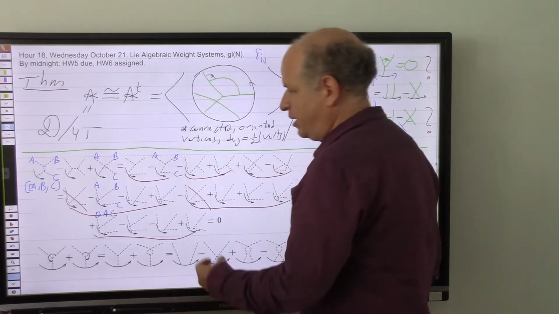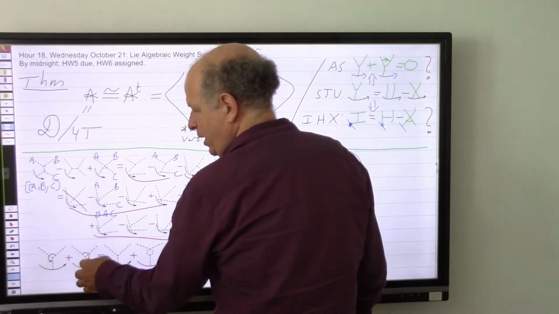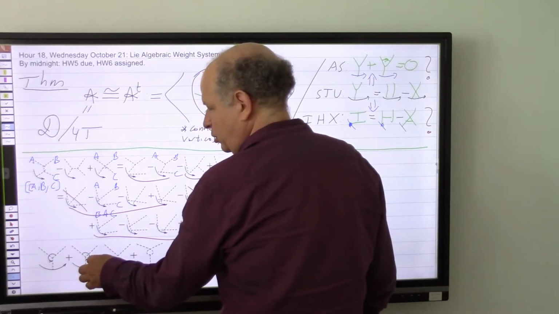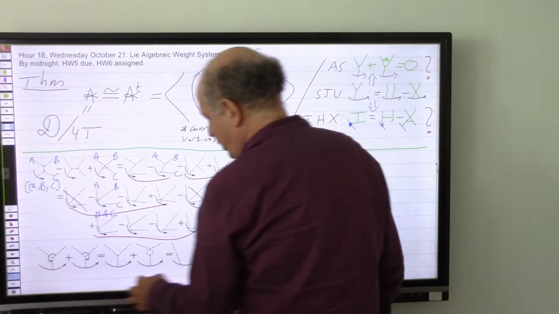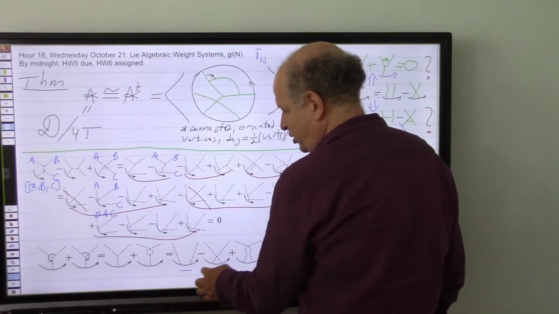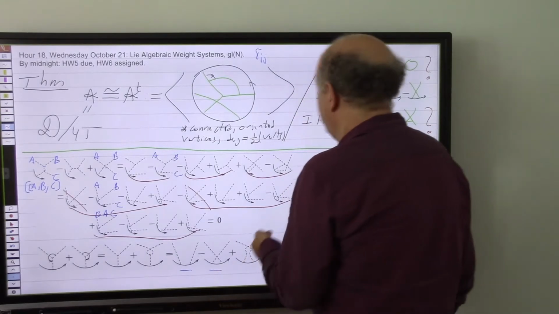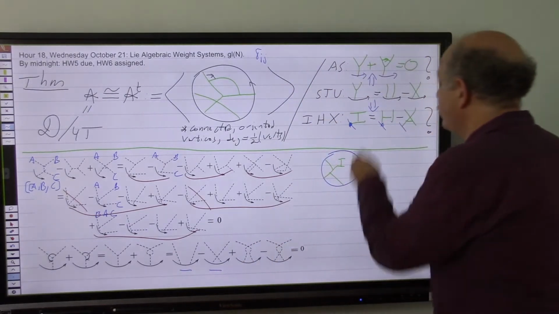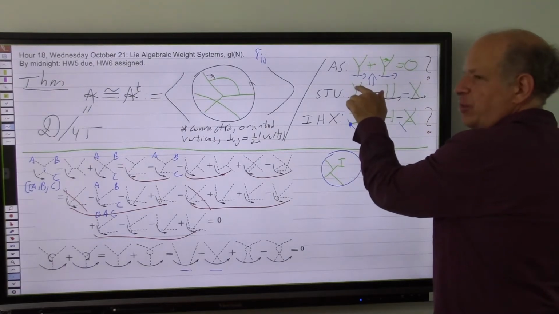The only thing is that if you have a vertex oriented counterclockwise plus a vertex oriented clockwise, so counterclockwise becomes this difference, and the STU relation was stated drawn in the plane. So the assumption was that this vertex is counterclockwise.